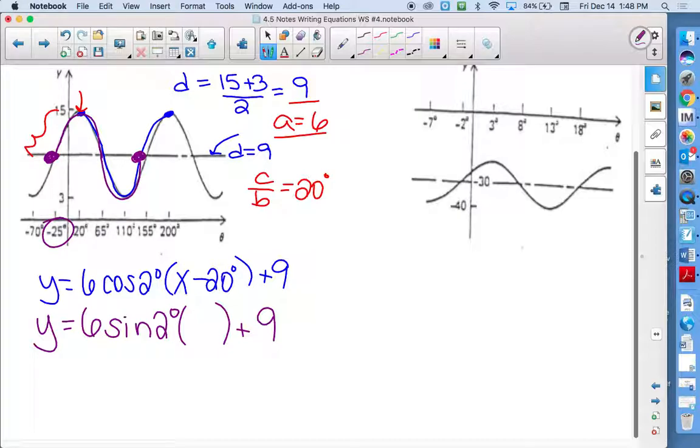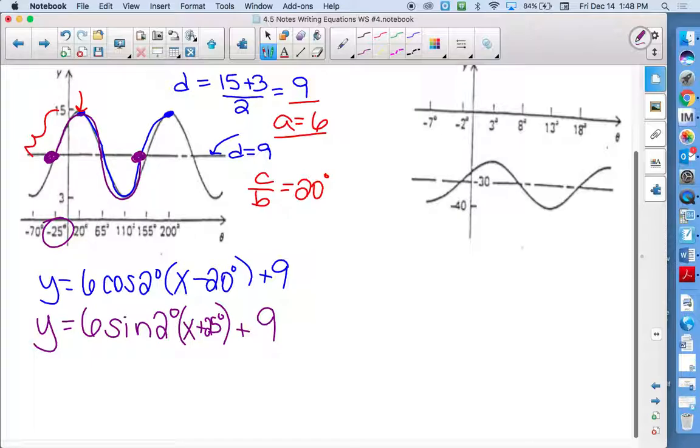The phase shift is the only difference between a cosine and a sine equation. So the sine equation is going to say x minus negative 25 or x plus 25 degrees. But the other numbers are exactly the same. The distance is still the same, the height is still the same, the middle is still the same. It just starts at a different location. So when you write a sine graph, you pick a different starting point, but everything else is the same.